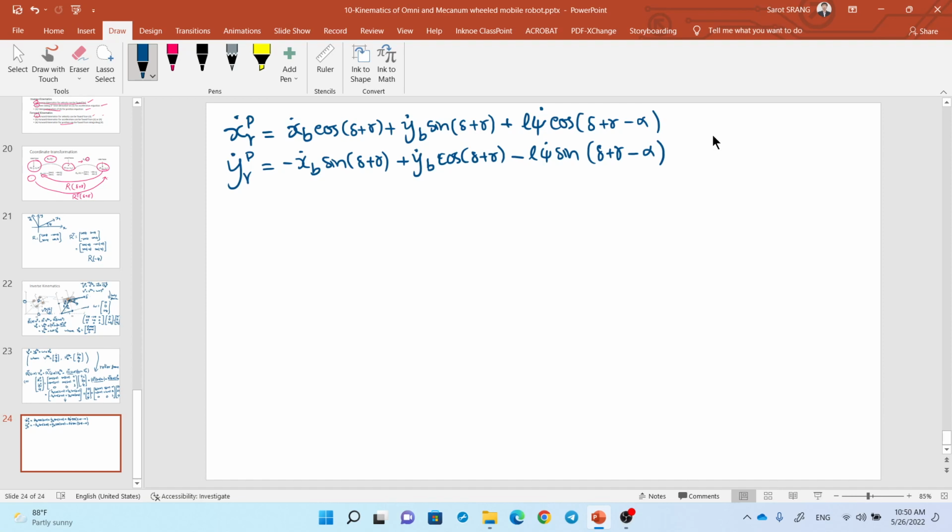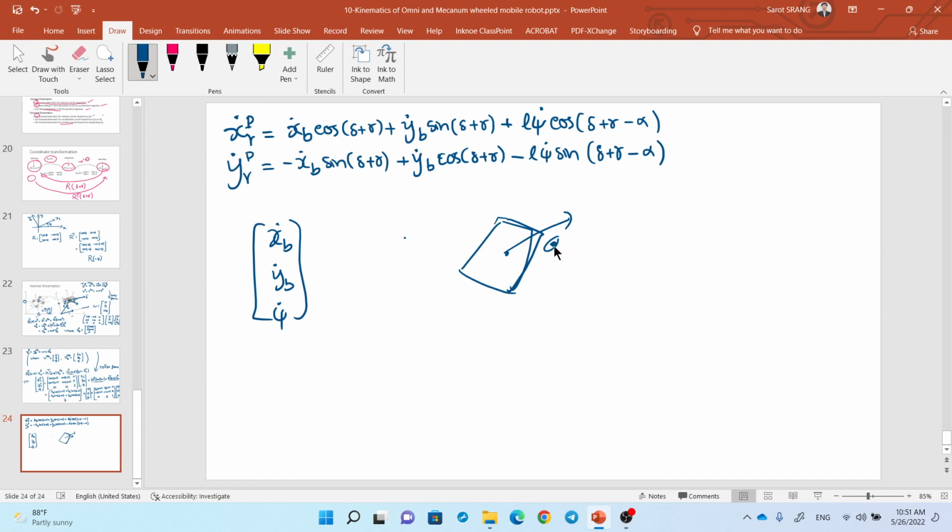So in this part we can define the velocity of point P on the roller frame from the information of the robot motion: h dot b, y dot b and psi dot, the velocity of the robot in one direction measured in the body frame, transformed into the velocity of the roller on the wheel.